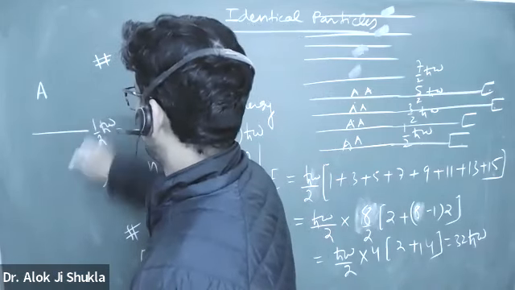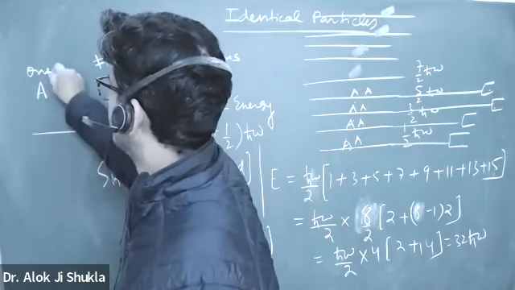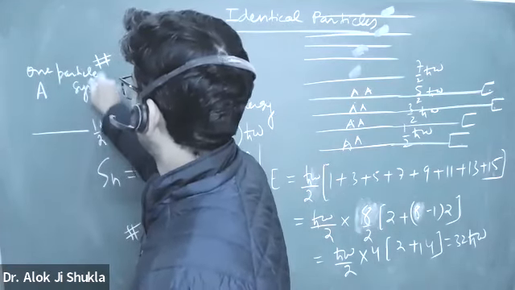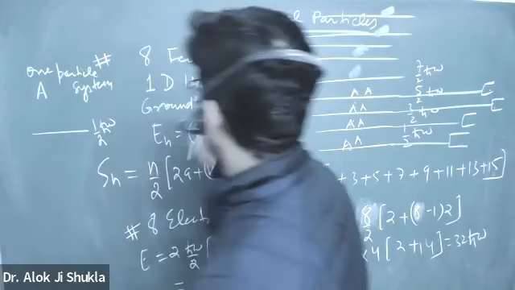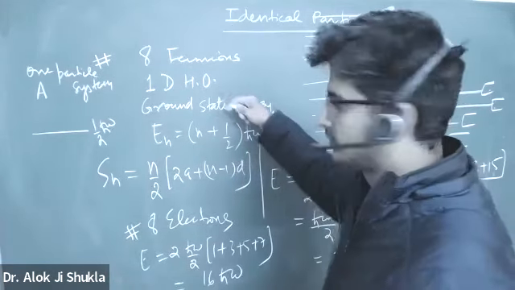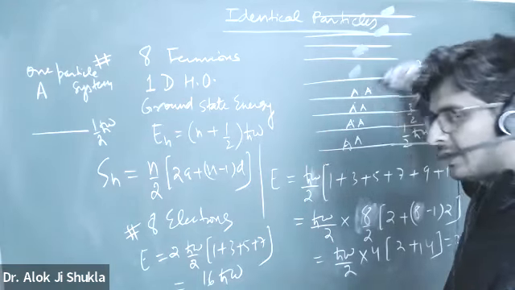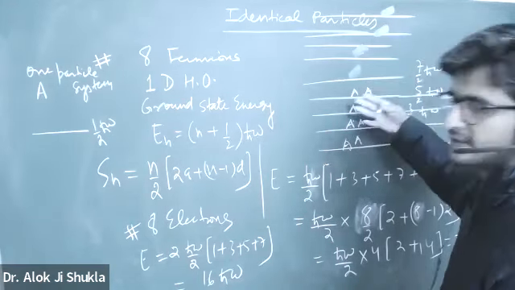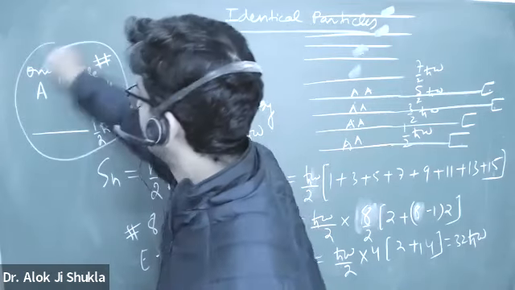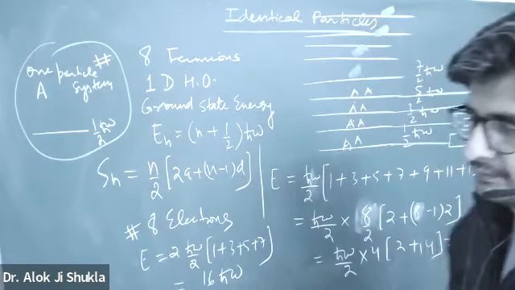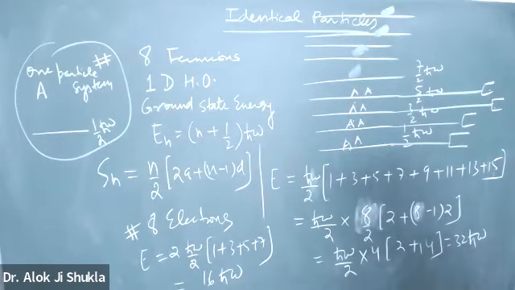So this is a one particle system. But if you have 8 fermions, the system is made up of 8 particles. So you have to accommodate 8 particles. Then whatever is the minimum energy is the ground state energy of the system. When you say that ground state energy of harmonic oscillator is half h cut omega, you are talking about only one particle.